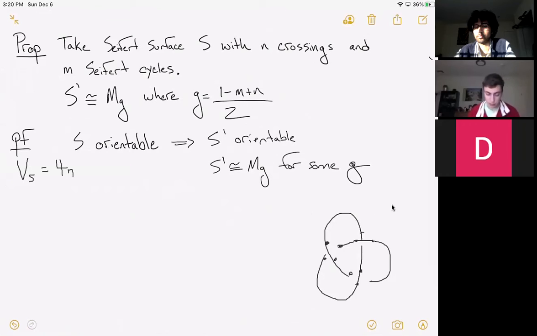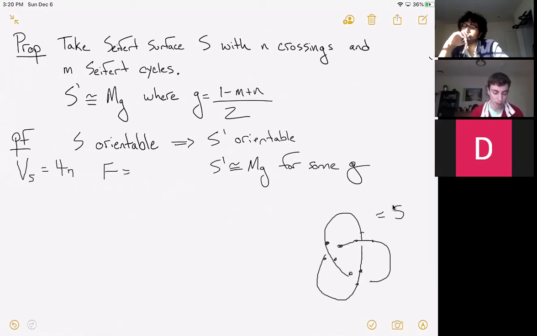Excellent. Before addressing the edges of this surface S, we see that each of the Seifert circles is one face, so m. And then each of the crossings gives us a half twist, which is just a square face. So we have to count those as well. Faces are m plus n.